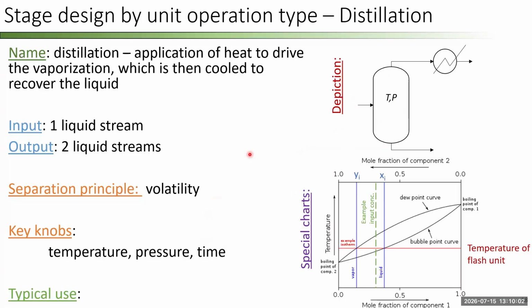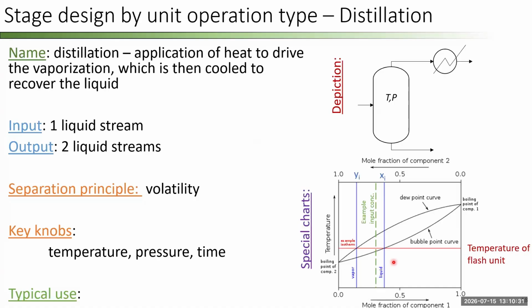This is typically used in essential oils, whiskeys, gas refineries, etc. They're all based on distillation. I'm not going to go into this diagram because we spent a long time talking about it in the flash unit, but this is the key set that has all the information needed to determine the performance of distillation.